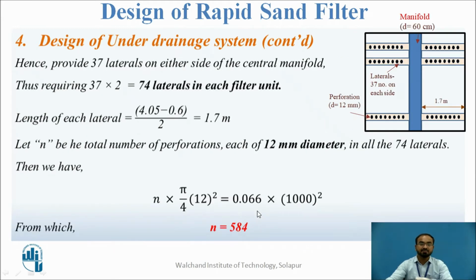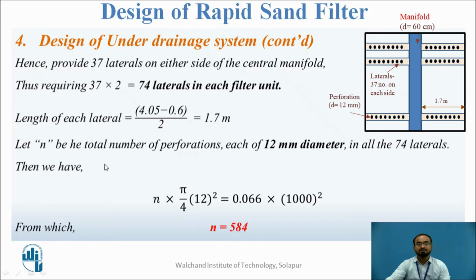This 37 will be on either side of the manifold, so when considering both sides we multiply by 2 and it will come to 74 laterals in each filter unit. The length of lateral will become 4.05, that is the length, minus 0.6, the diameter of manifold, divided by 2, which comes to about 1.7 meter. So the length on either side will be 1.7 meters.